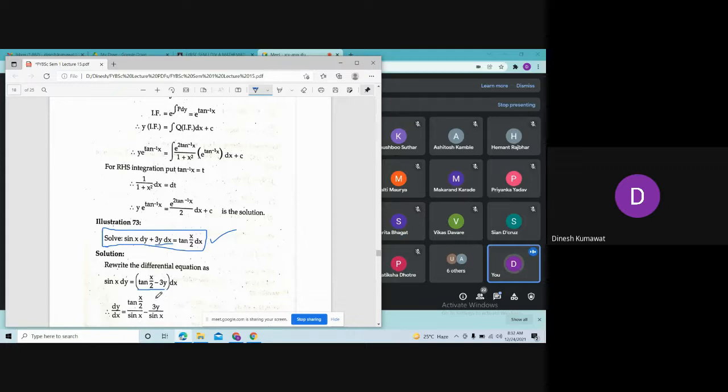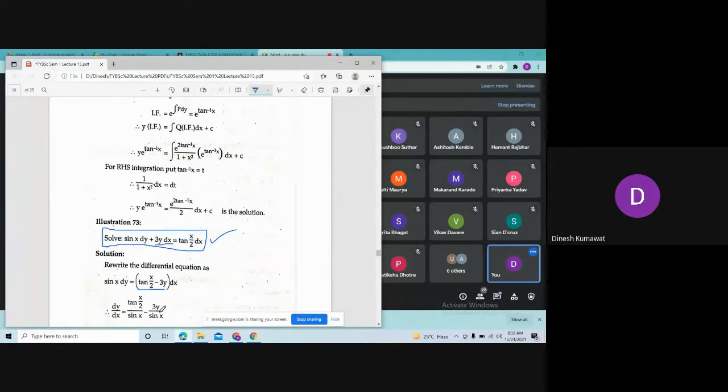Again, you simplify it, that is, you take dx in the denominator over here. So we are having dy by dx. Take this sin x over here. So it becomes tan x by 2 upon sin x minus 3y upon sin x. Is that clear to everyone? Yes sir.